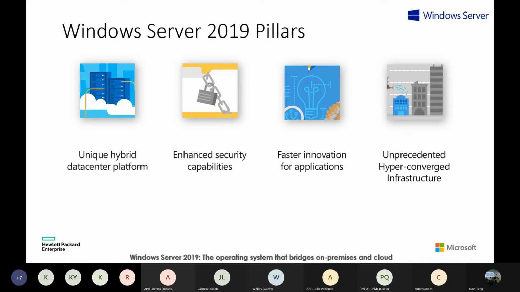So at least in 2019, these were the 4 strong pillars that 2019 came in with. Firstly, starting with the hybrid data center capabilities, and you saw some security from a hybrid perspective in a multi-layered manner, all right? And then you saw the innovation if you joined us for some of the previous sessions and so forth, as well as even the hyperconverged.